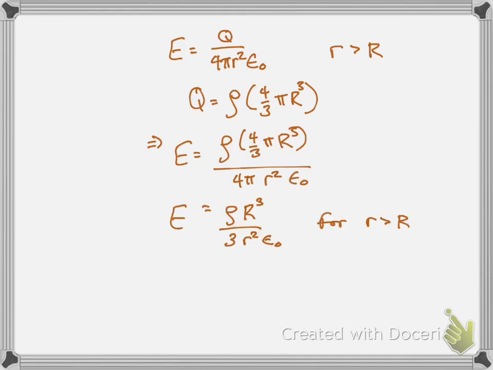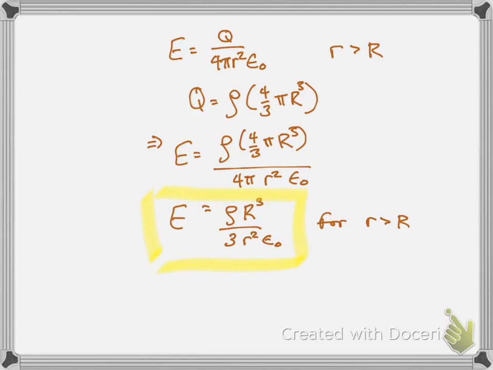Simplifying that math, in terms of the radius of the sphere of charge for an arbitrary radius little r, the electric field is as follows. That's still just Q over 4 pi r squared epsilon 0. It's just we plugged in for what the charge Q was.